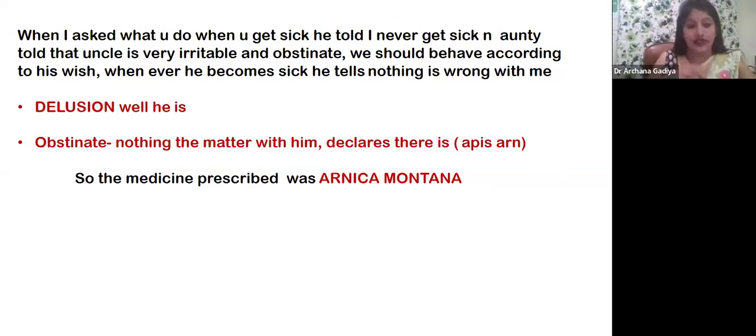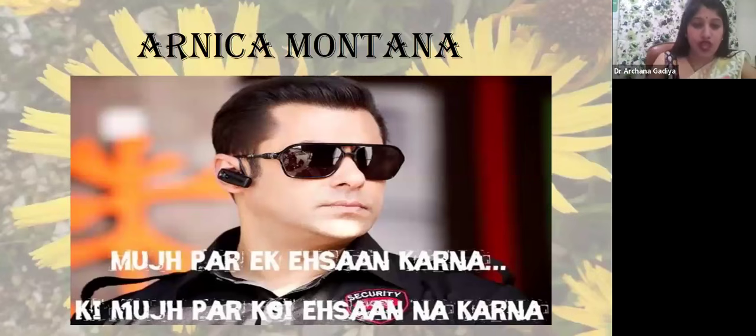That's why he declares that there is nothing the matter with me. I don't need your help. So the tagline for Arnica I have written is: do me one favor, that you don't do me any favor. This is a famous tagline. So we are now able to remember the core feeling of Arnica.